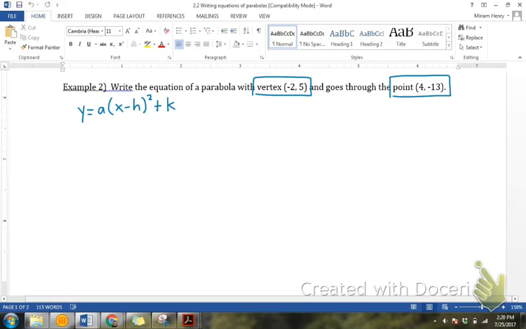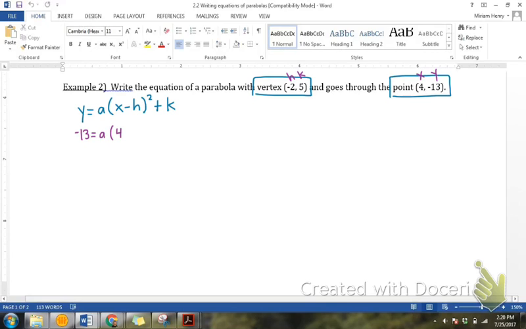You guys are pretty good at finding A, so go ahead and solve for A. Remember, we're plugging in X and Y, H and K. Yep, your vertex is your H and K. Anytime it says vertex, that's going to be your H and K, which means the other one's going to be your X and Y. Remember, when you plug in your vertex, what's the H value you're going to plug in?